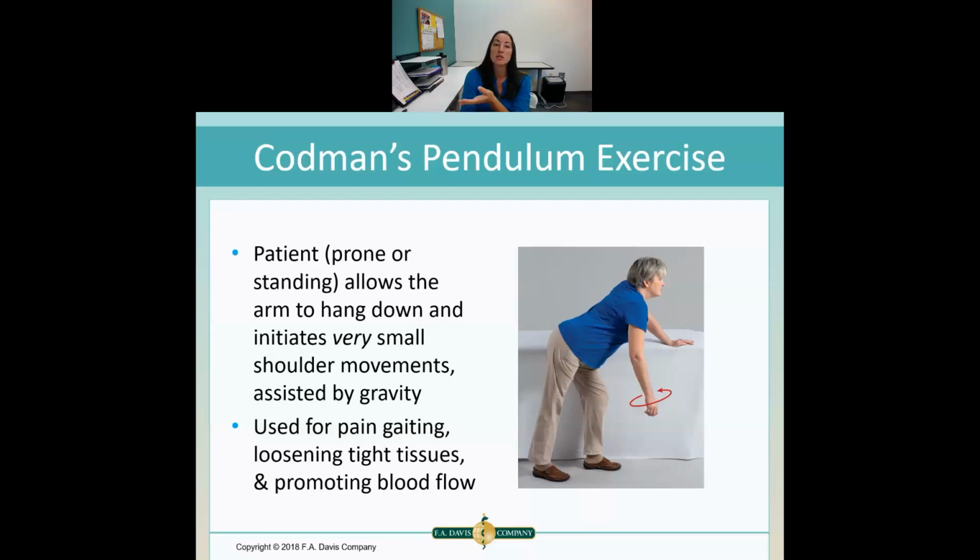Pain gating is when you have one signal, pain, rushing to your brain. If you give another signal like light touch or movement, that signal also goes to your brain, and it can kind of beat the pain signal. If they're in a race, the pain signal and the light touch signal are in a race to your brain, then it can kind of beat out the pain signal so that your brain forgets about the pain as much.